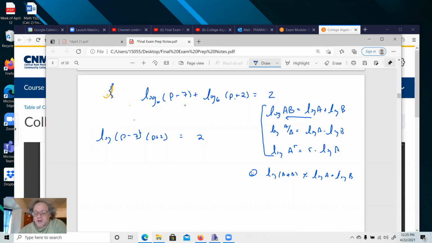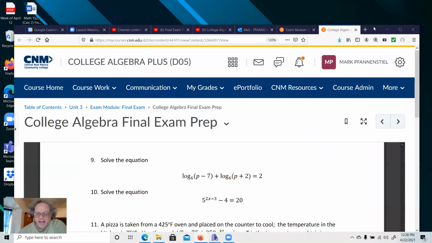Going back to the correct way, this is going to be log base 6 of p squared minus 7p plus 2p minus 14 is equal to 2. So here we have log base 6 of p squared minus 5p minus 14 is equal to 2. Now we have to take the anti-log of this.